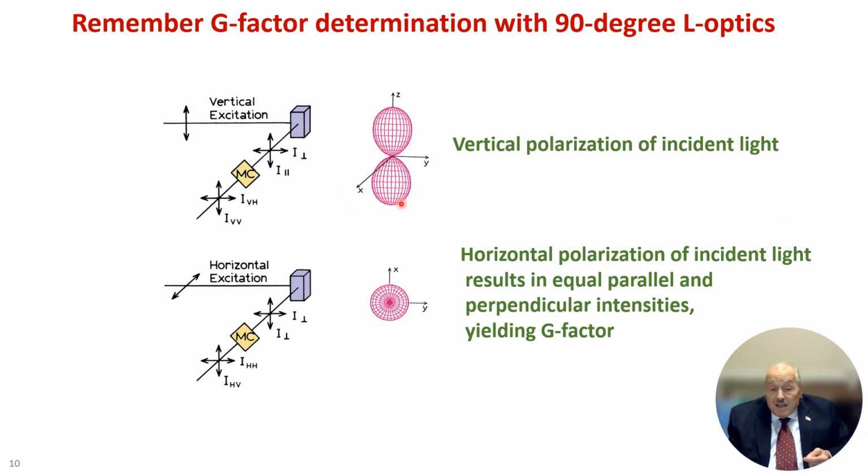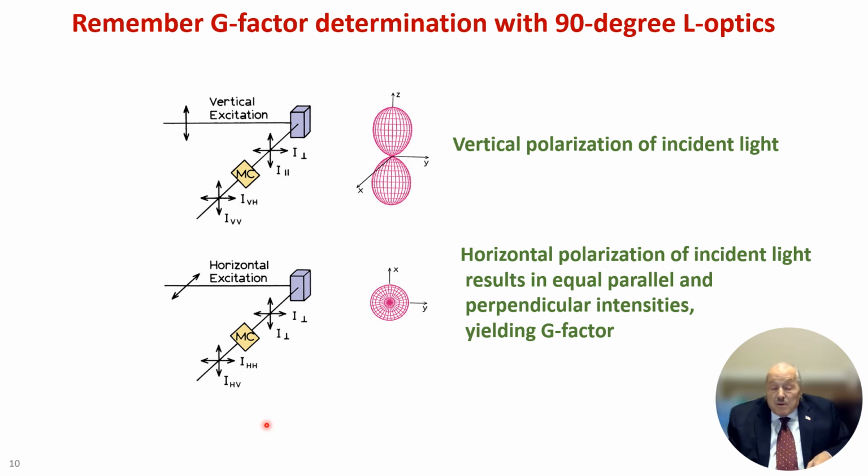We excited the sample with vertically polarized illumination, got this figure 8 excited state distribution. So that had some particular intensity in the parallel and perpendicular channels. And then we rotated the excitation beam horizontal, and we knew theoretically that gave us the same amount of light, both parallel and perpendicular, because it's an on-axis measurement.